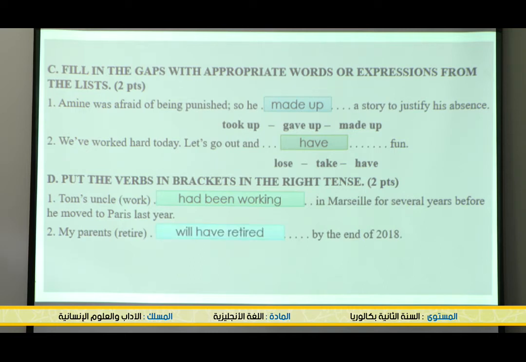So it's will have retired. My parents will have retired by the end of 2018. Again, so here we have two tenses. We have the past perfect, remember, the form of the past perfect is had plus been plus a verb plus ing. For the future perfect, it's will plus have plus a verb in the past participle.